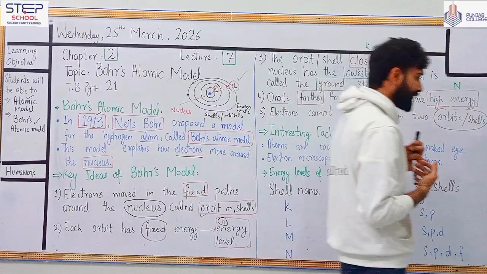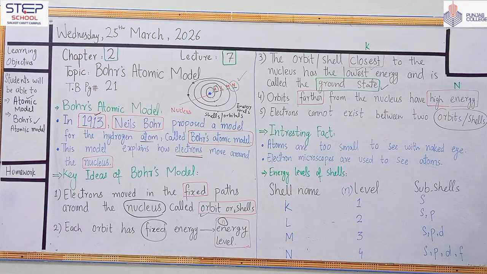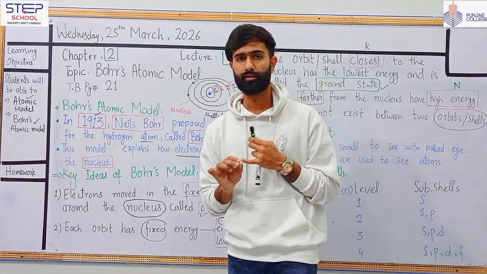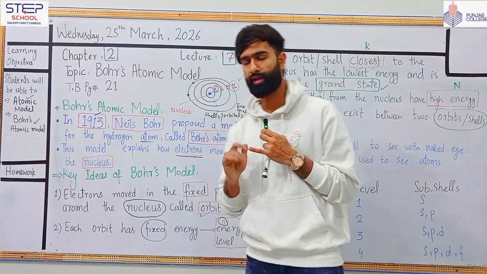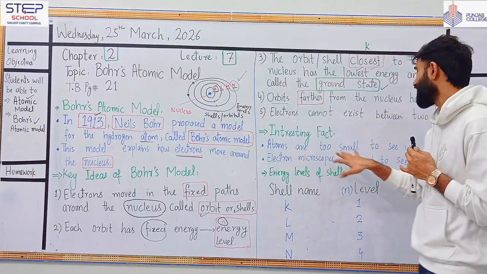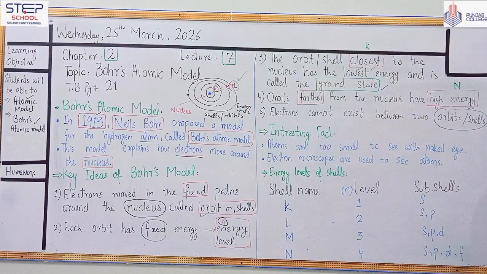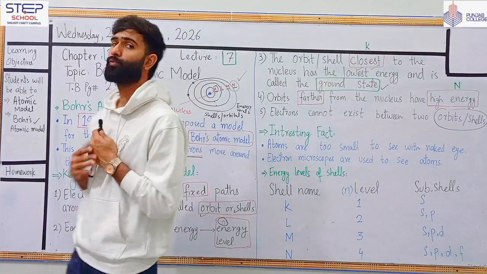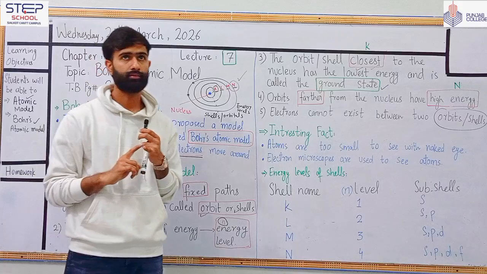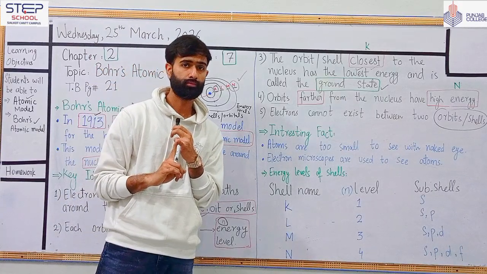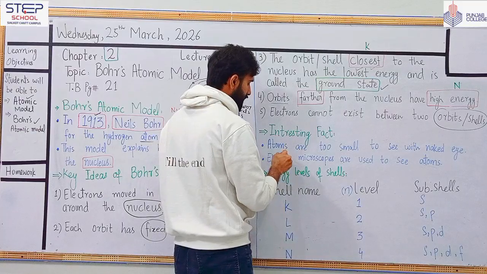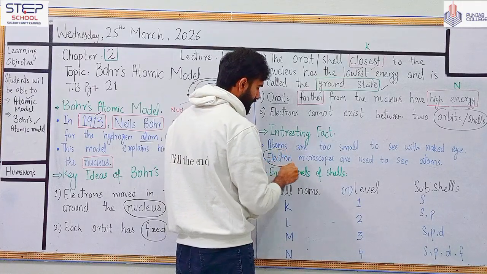We have an interesting fact about atoms. As we all know, an atom is the smallest unit of any matter. Atoms are too small to see with the naked eye, right? There is a microscope used to see atoms, and its name is the electron microscope.